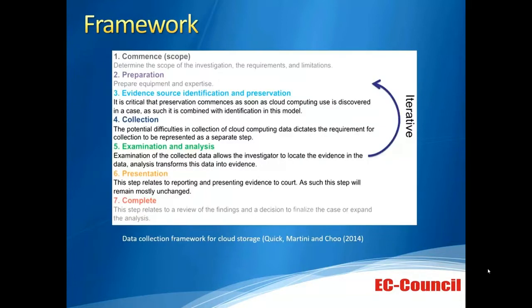The framework that I've followed is one that was drafted by Quick, Martin, and Chu already in 2014. As you can see, it's not a linear process, and it allows for interactive process to divert back to the preparation phase or stage of the framework if any new data sources are discovered during the analysis phase.